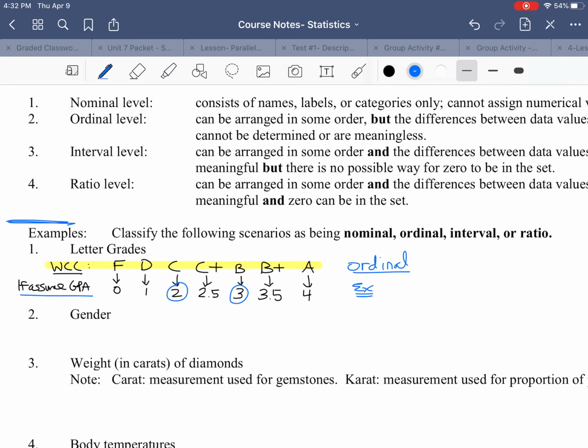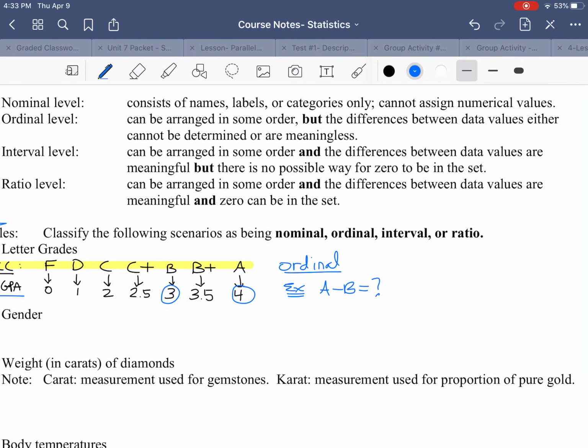if I give you, I'll just take it off the top of my head here. I have 3 and 2 circled, but that's not the one I wanted. Let me do, because I think it's a more powerful example, if I circle these two. All right. Well, I can't subtract A minus B. I don't know what that is.